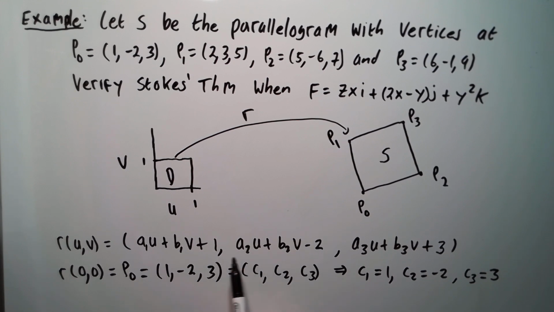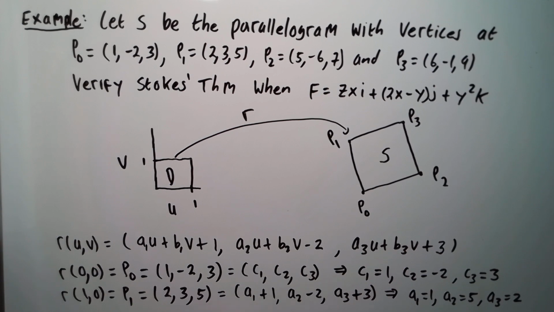Now we replace these with those values. Now let's map the point (1, 0) onto, say, P1. I'm going to put 1 in place of U up here, 0 in place of V all the way across. So you'd have A1 plus 1 on the first component, A2 minus 2, and A3 plus 3 in this one.